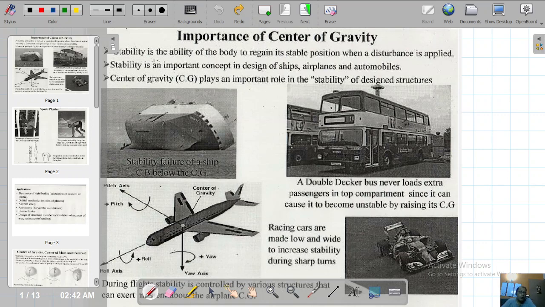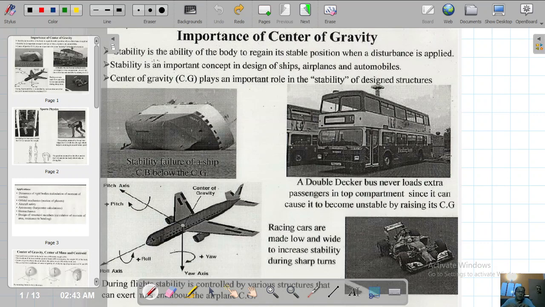First of all, the importance of the center of gravity is that stability is very important whenever you're designing mechanical structures and mechanical components, and its position is very important, because if you do not design a stable structure, then as forces are applied or once the loading changes, it can result in catastrophic failures.